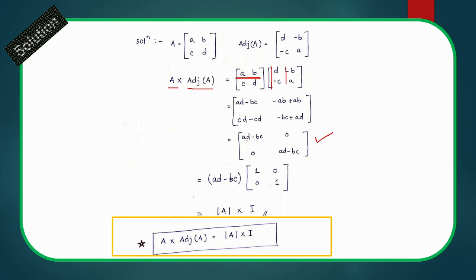If you take AD minus BC common out of the matrix, then what will remain? AD minus BC into [[1, 0],[0, 1]], which is nothing but the identity matrix.